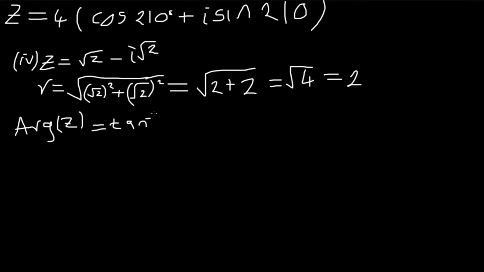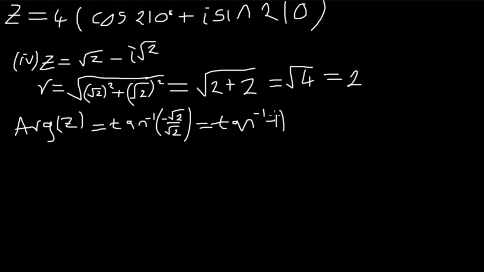So it will be tan inverse of negative root 2 over root 2, which is just the same as tan inverse of negative 1.